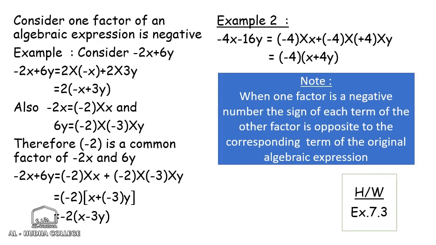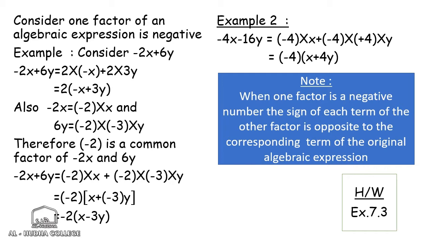Then the next line. Consider one factor of an algebraic expression is negative. Say one algebraic expression is given. Consider the example here: minus 2x plus 6y. One term is negative.